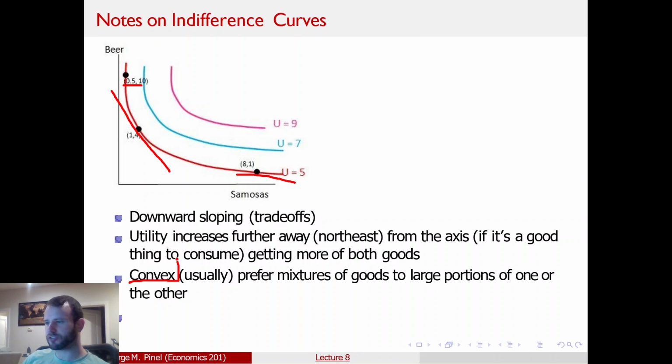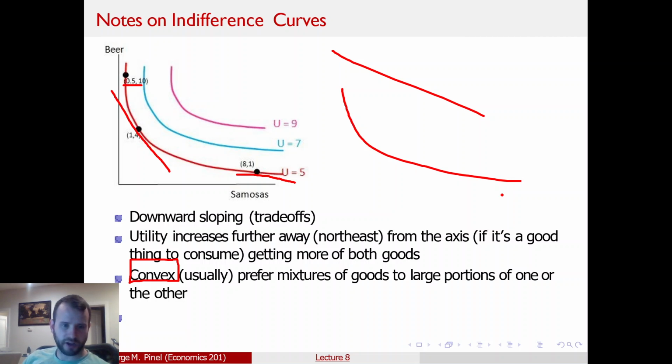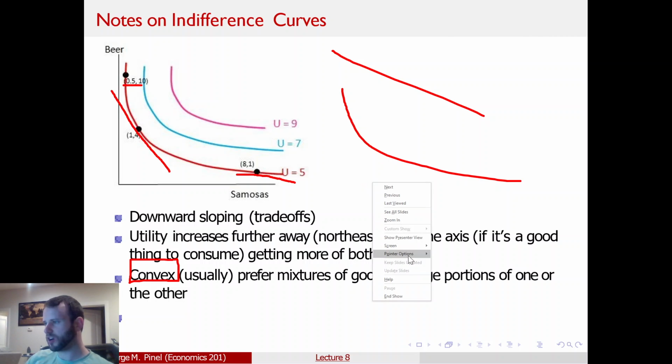Preferences are convex, and by that I mean they're shaped, instead of being shaped like this, where it's like a straight negative slope, they're shaped like this typically. Typically, not always, but typically. And the reason is because in general most people will tend to prefer mixtures.